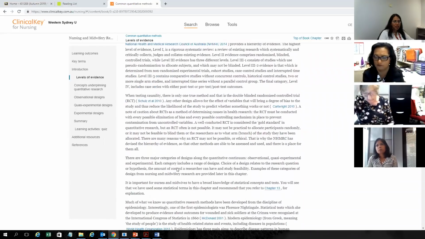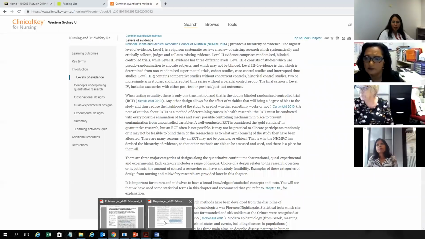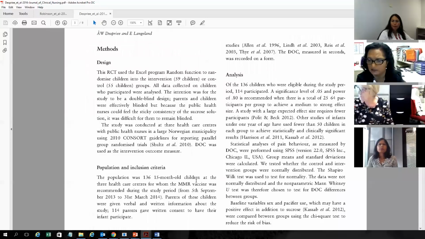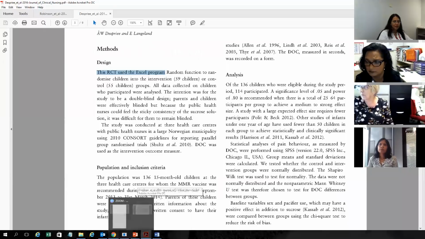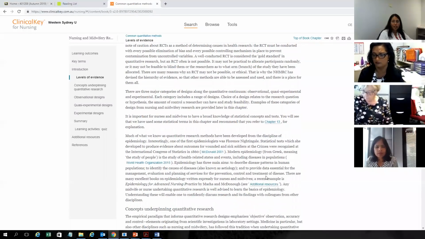So what do you think, the article that I just showed you, what do you think that was? It was this one. RCT, which is randomized control. What do you think it is? Experimental? Okay, let's go under experimental.